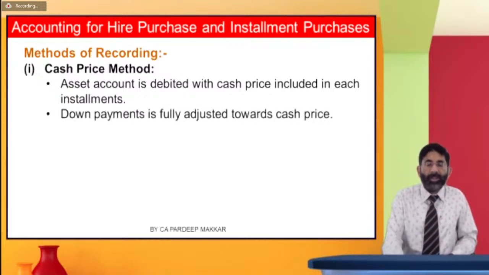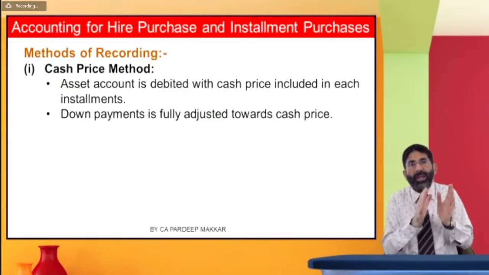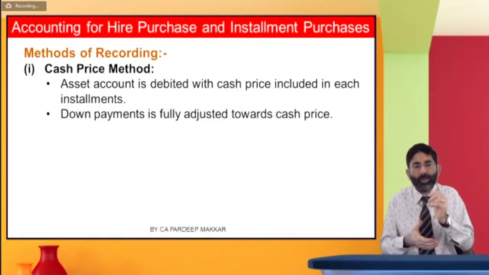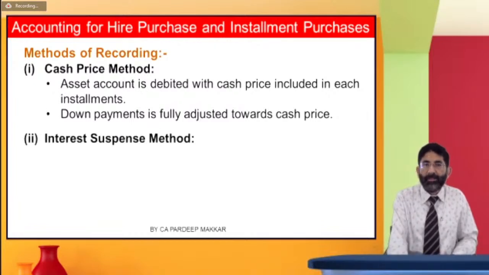There are some terms in it which can be understood only if I make it more and more clear to you. So due to that reason, I am trying to clear you from every angle. Now, down payment is fully adjusted toward cash price in this case. Second method is interest suspense method, which we will do later on.